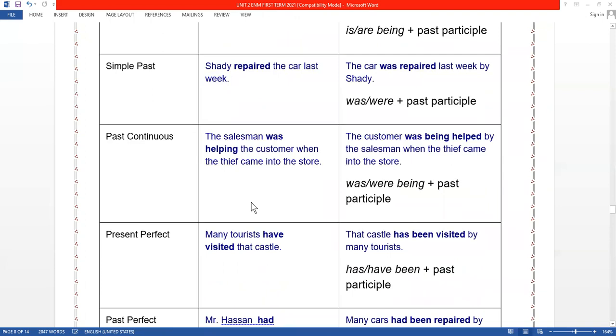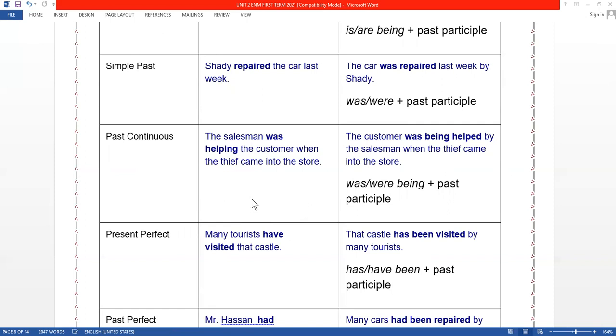Past continuous, the salesman was helping the customer when the thief came into the store. Here we care about the first part of the sentence, that is, the salesman was helping the customer. That is in the past continuous. So the customer was being helped by the salesman when the thief came into the store.